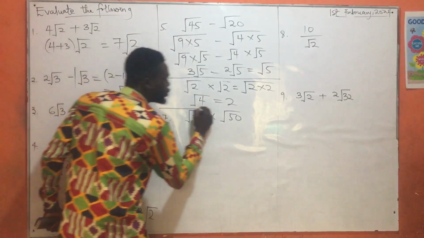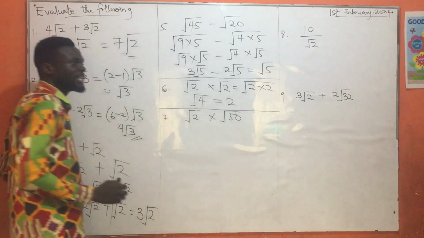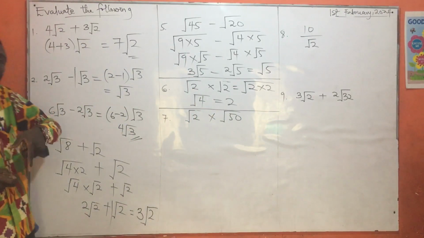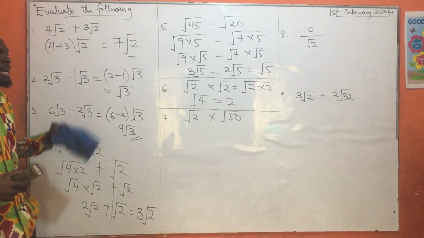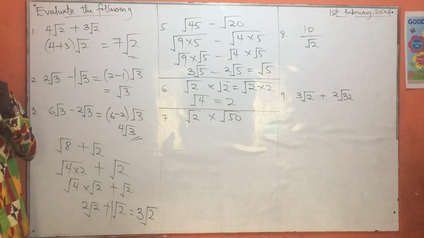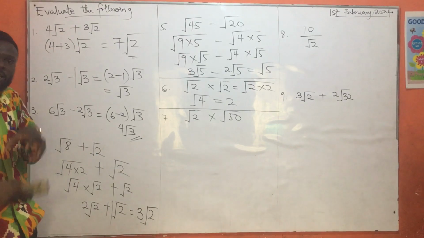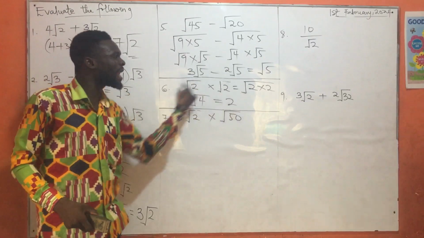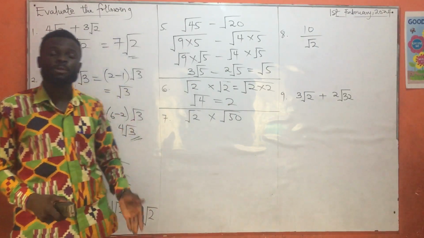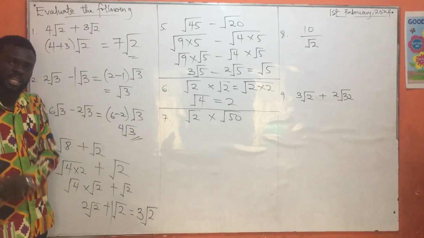So this is what we do. When it comes to multiplication, we do not consider whether the surds are the same or not the same. For multiplication, we can multiply the surds regardless of their being equal or not equal.